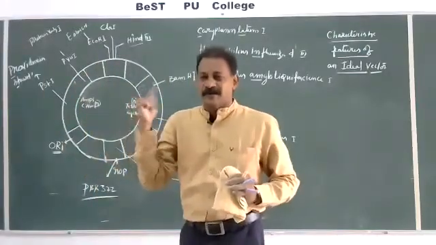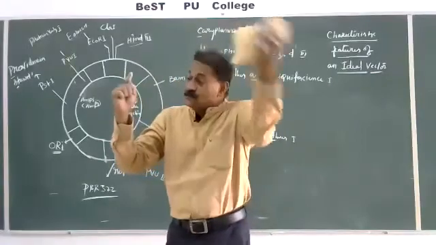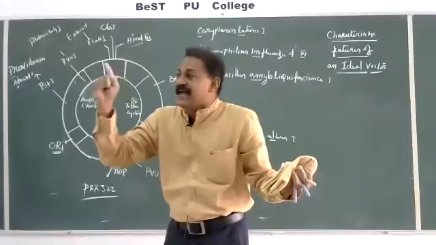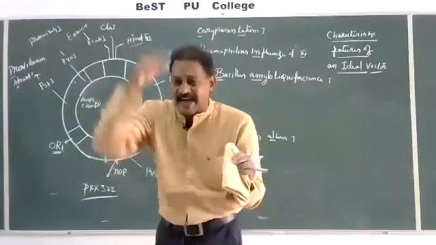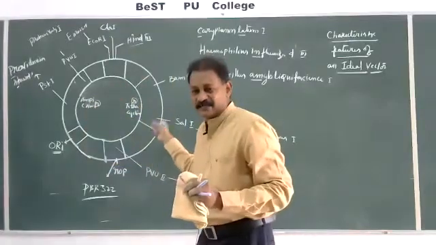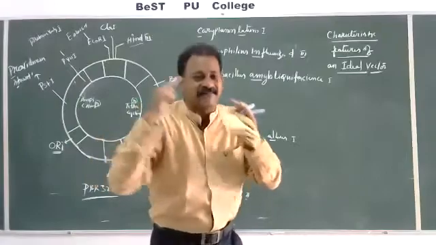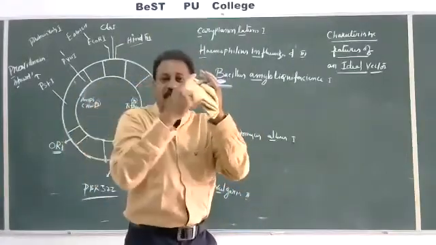It is in our hand. Now we want this piece in multiple copies. How to get multiple copies? This has to be attached to a vector. What is a vector? A vector is nothing but a plasmid, a carrier. It will carry this gene, and when we join this gene with the vector it is called recombinant DNA.